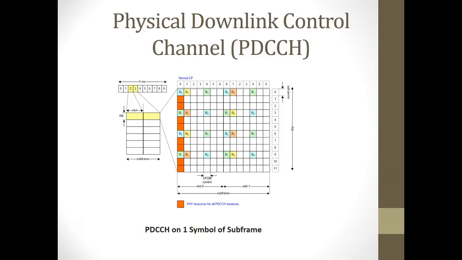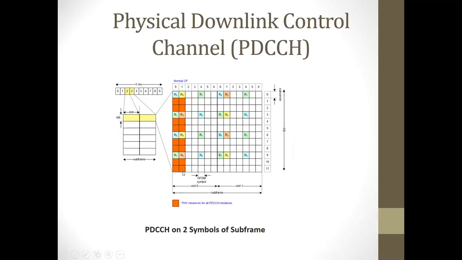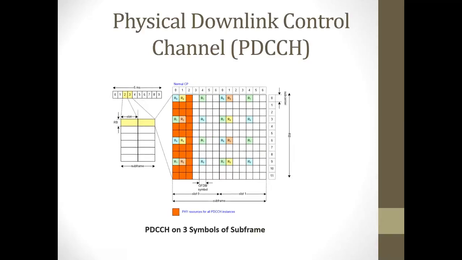If you have 1200 subcarriers for 20 megahertz, then all 1200 subcarriers will transmit this control information. But in the time domain, it carries a small part. How much? It can be just one symbol, as shown here, or two symbols, or at the maximum, three.